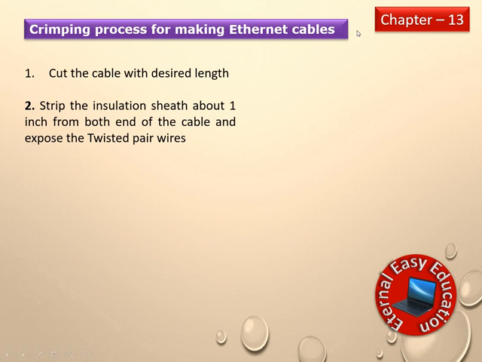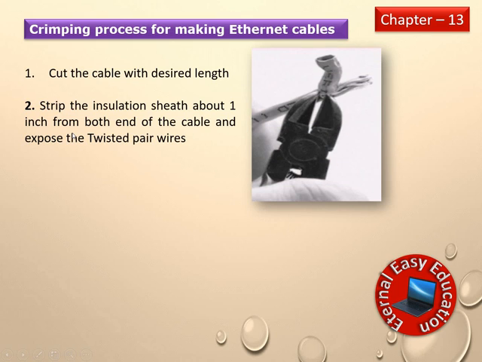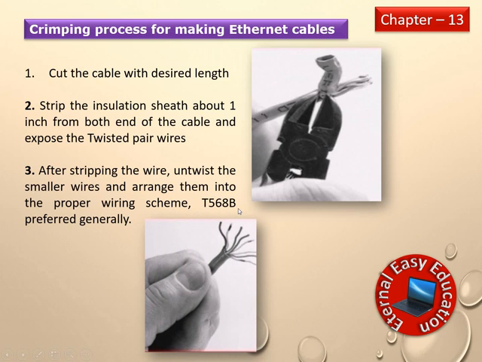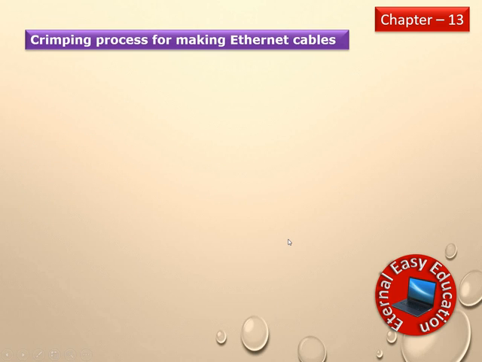So the first step, cut the cable to the desired length. Strip the insulation sheath about 1 inch from both ends of the cable and expose the twisted pair wires. After stripping the wires, untwist the small wires and arrange them in the proper wiring scheme like T568 B or A. B is generally preferred.